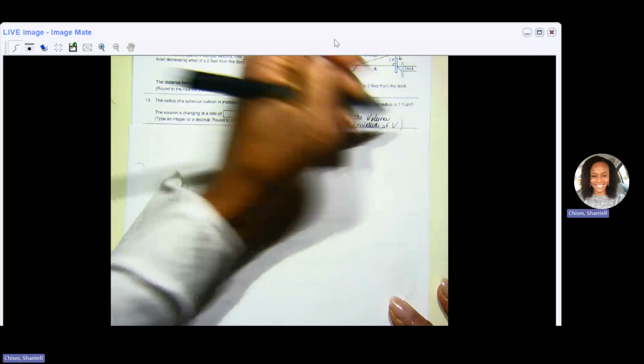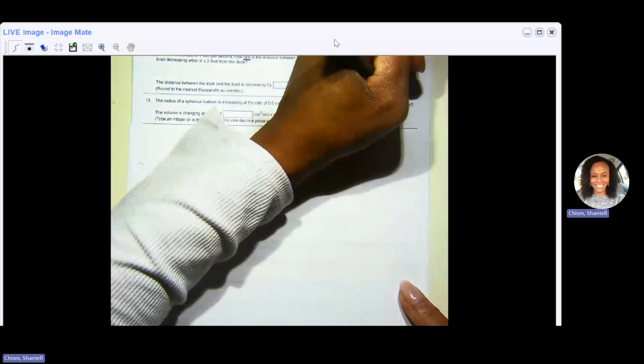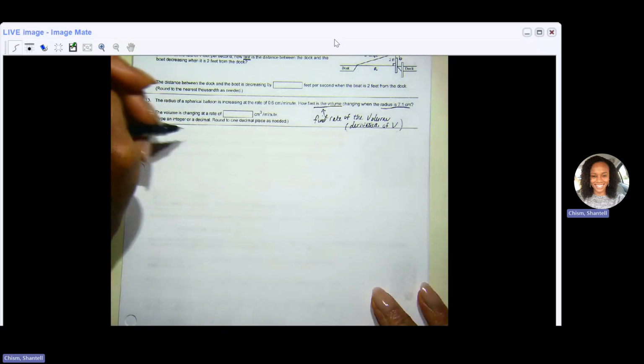How fast it's changing when the radius is 7.1. That's what we're given. All right, so when I think about this particular problem, volume of a sphere is a specific formula that we'll use.